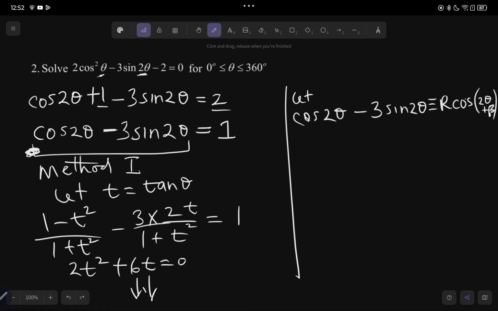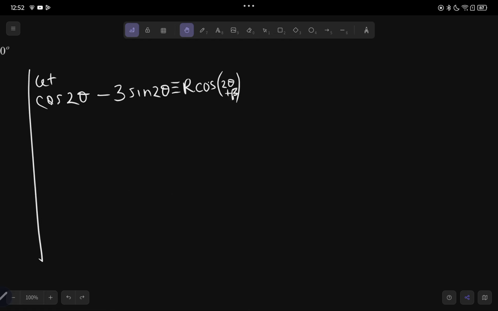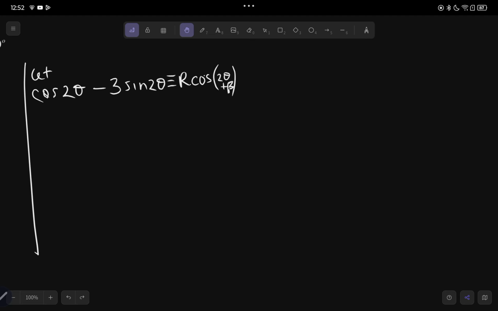Maybe you'll allow me to do this one because I'm seeing there is a trick of the 2 theta there. It may be difficult for us to edit the range. Allow me to finish up this one just for the sake of that 2 theta plus beta. Let's open the right hand side.